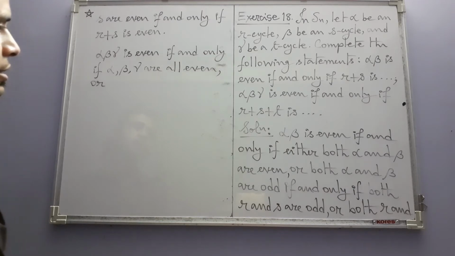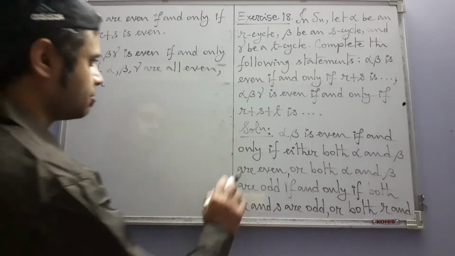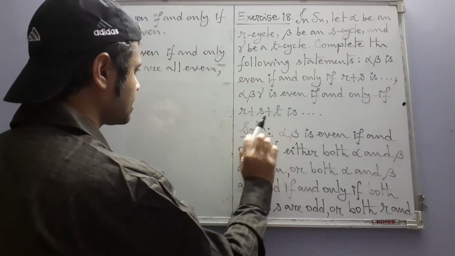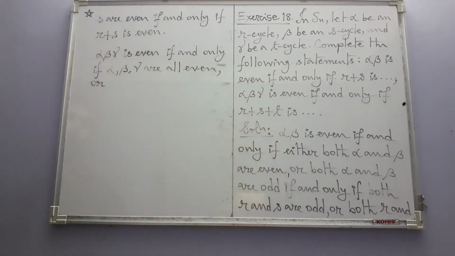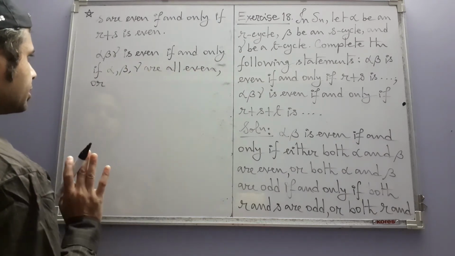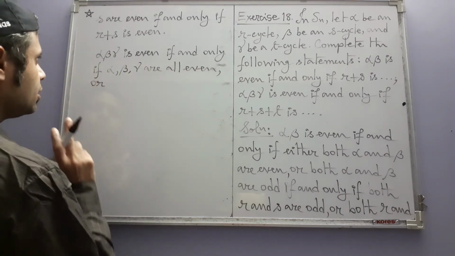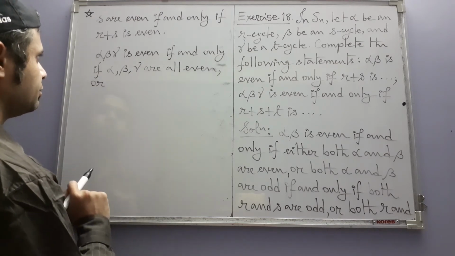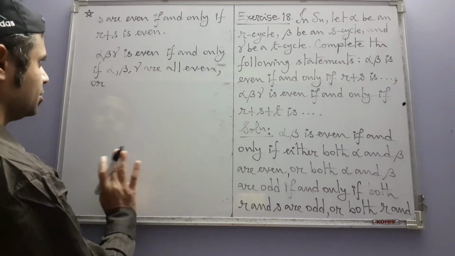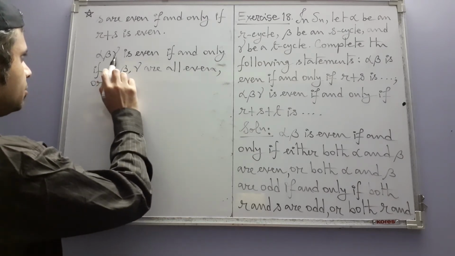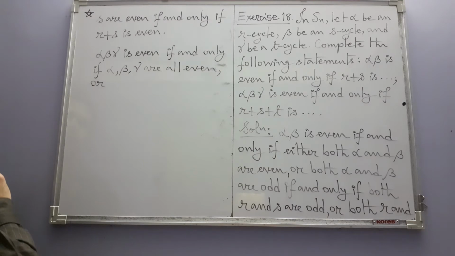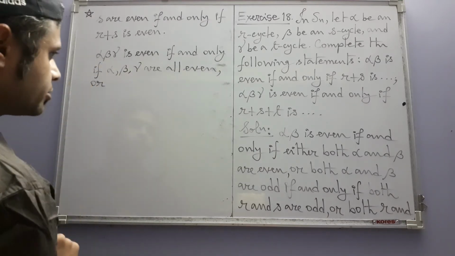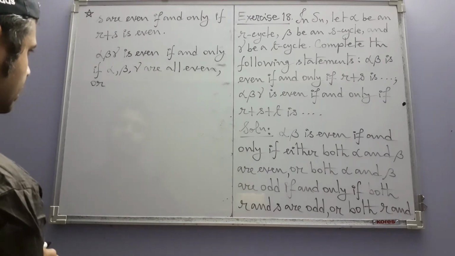Oh, so ultimately it's going to be about this sum becoming even. So this is one case. Now if we have one odd permutation and the other two even, no, that will not give me an even permutation. One odd does not work. Two odds and one even, yeah, that works.